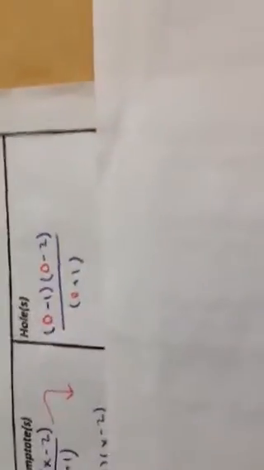Now, since we crossed something off in the vertical asymptote, that means that we're going to have holes. So to find where the hole is, we plug in 0 to the simplified equation, and we get the point at 0, 2.